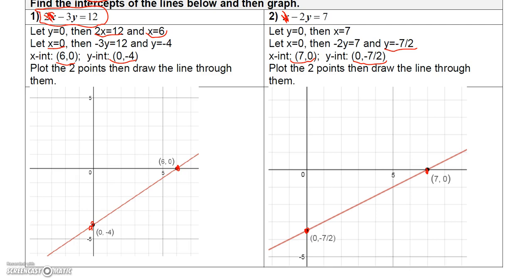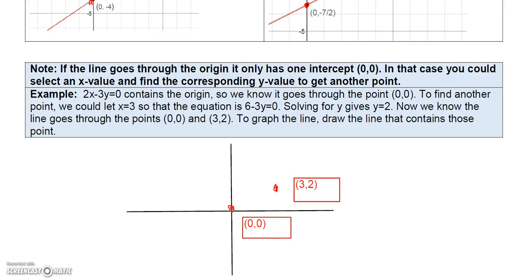Now, there might be a situation when you have a line that only has one intercept. So if the line were to go through the origin, then it really only has one intercept point, and that would be the origin 0, 0.